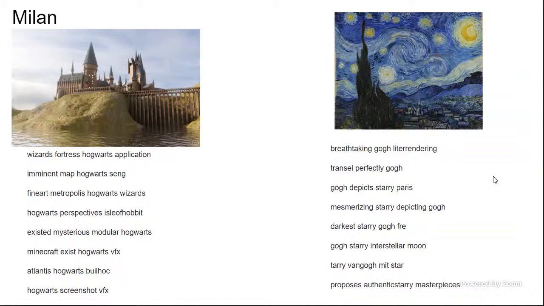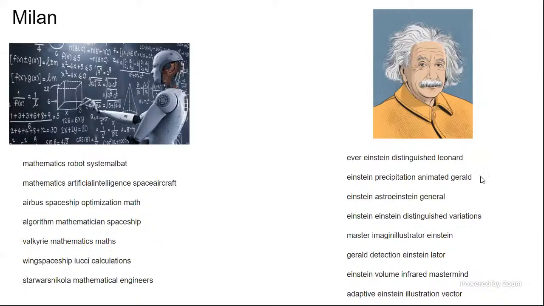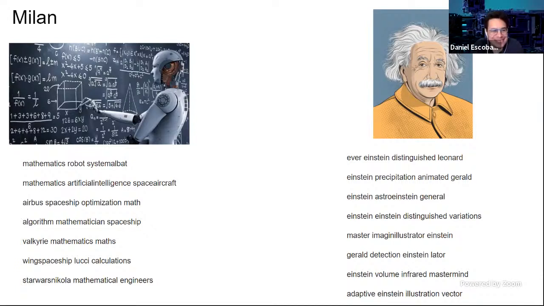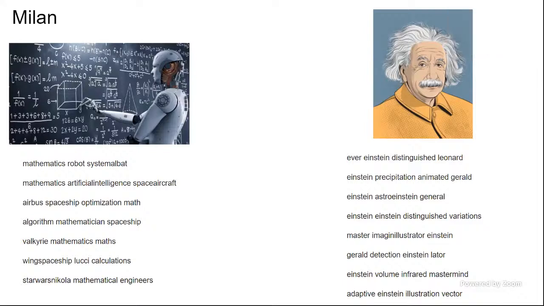For the next one, I wanted to check if it was able to identify its own brothers or sisters. So I typed in Google the key prompts artificial intelligence, machine learning, and then inserted this image into it. I was surprised, I don't know if it's true or not, but I think it tried to identify the mathematical equations, and it gave out a prompt saying algorithm, mathematical, something to do with spaceships or spacecraft.